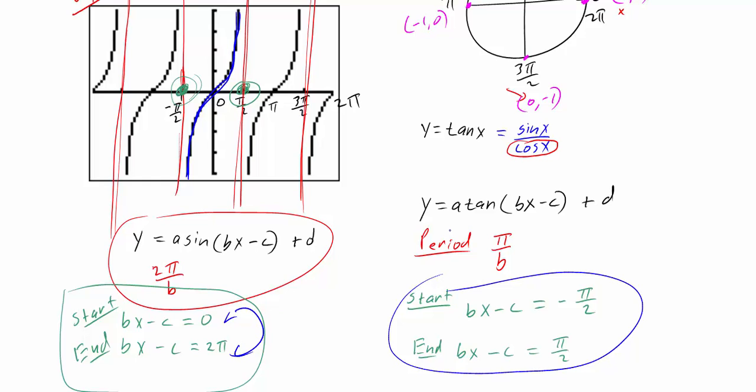So that means when you're calculating the period of the tangent, instead of 2 pi over b, we're going to be using pi over b. And again, the b value is simply the coefficient of our x.